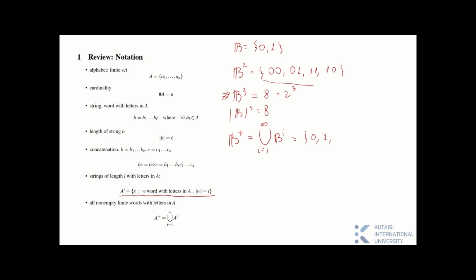This will include all the things here. So 0, 0, 0, 0, 1, 1, 1, 1, 0. All the things in here, which has 0, 0, 0, and so on. So it just contains all possible strings of all possible length, created from your alphabet A.